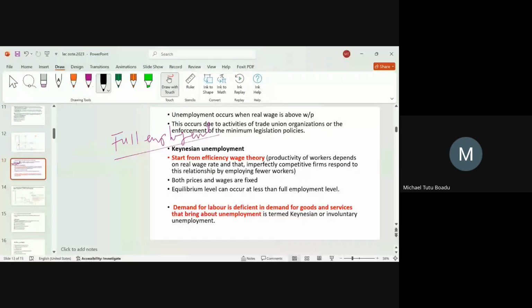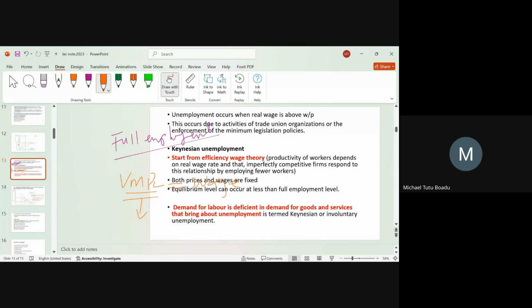Efficiency wage theory is saying that every employer will employ you and pay you up to your level of productivity. It means that the value of marginal product of labor, which means your productivity level, should be equal to the wage that you are being paid. This is the Keynesian unemployment.